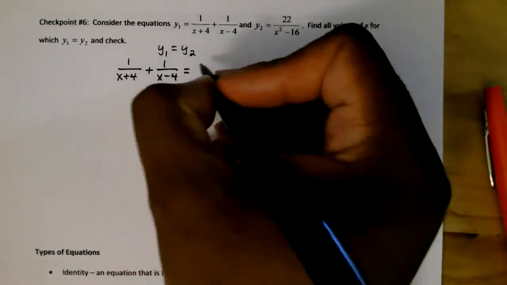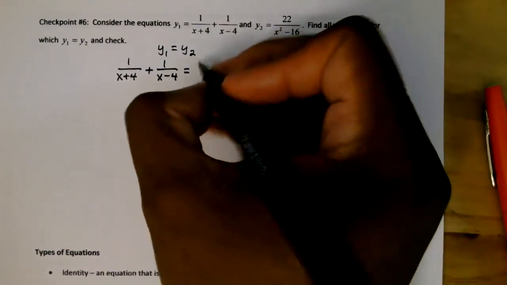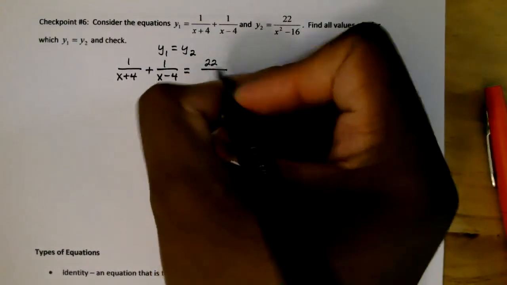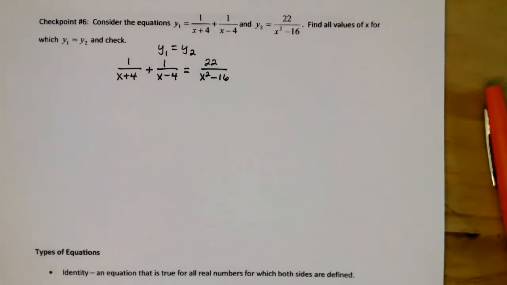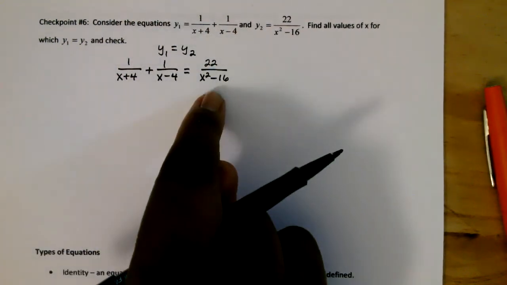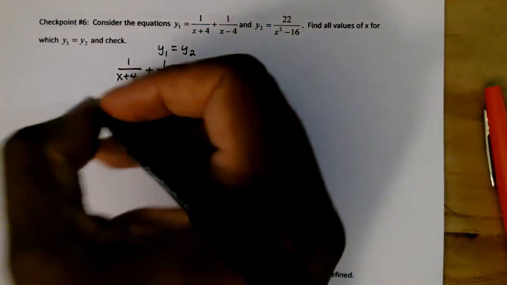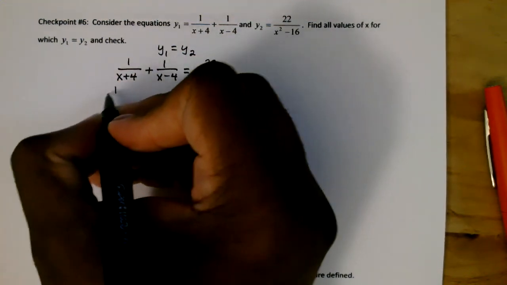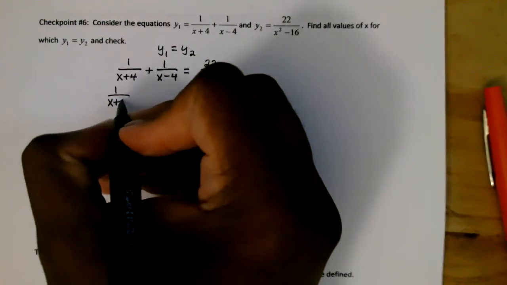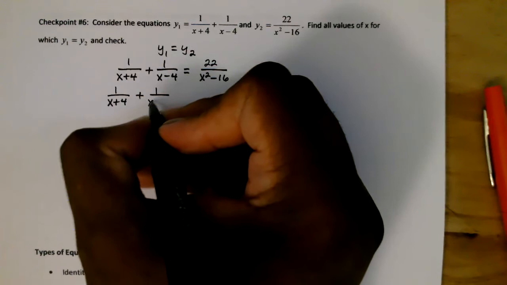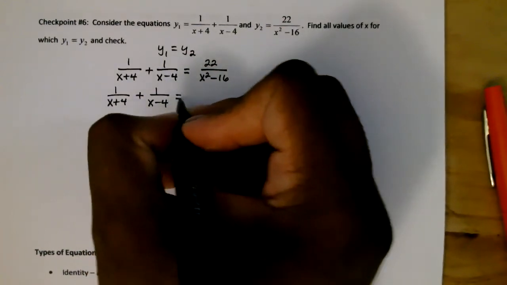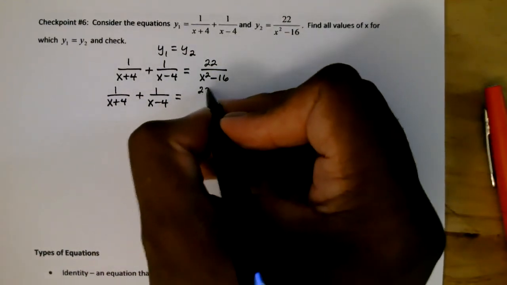Now that's going to be equal to y2, which is this expression right here, 22 divided by x squared minus 16. Now, before I do anything, I need to factor x squared minus 16 in that denominator. So let me rewrite that 1 over x plus 4 plus 1 over x minus 4, and then that's 22.